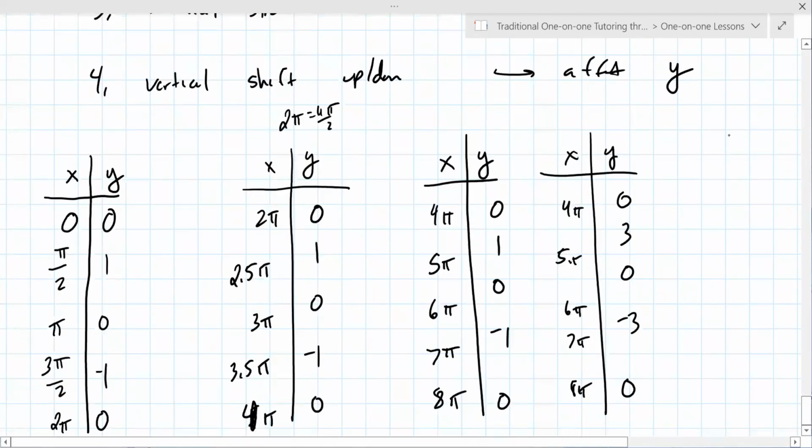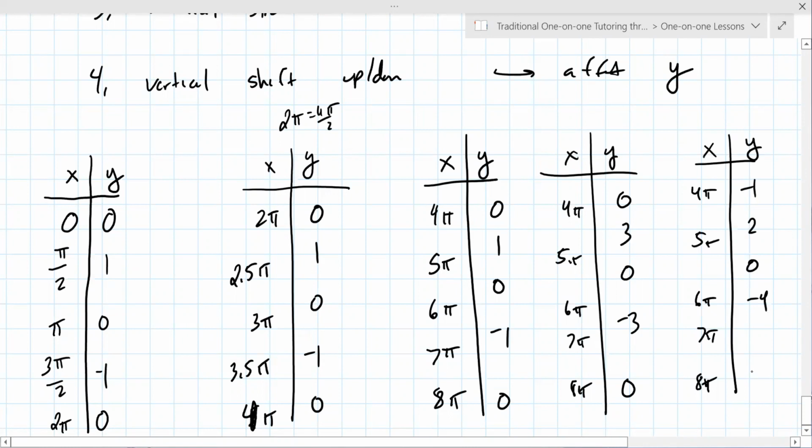Okay, so our y's are going to go down by 1. So -1, 2, 0, -4, and -1. No, the 0 has to go down by 1 as well. Whoops. Okay, let me grab that.